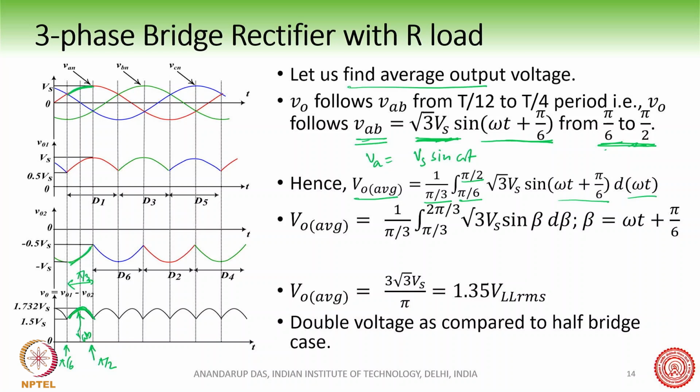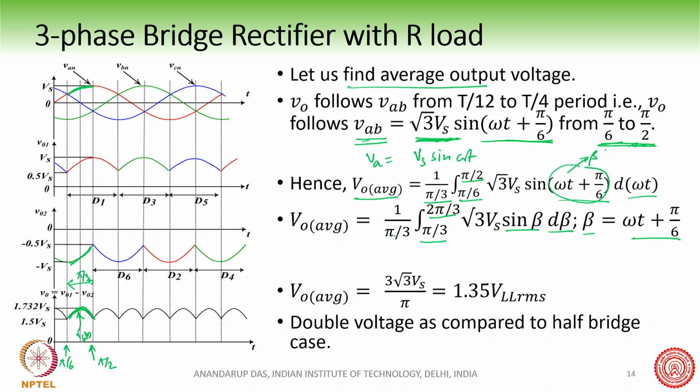You can substitute omega t plus pi by 6 as beta, so it becomes sine beta d beta, and we change the limits to pi by 3 to 2 pi by 3.